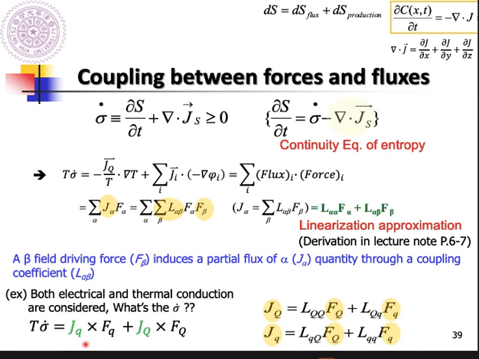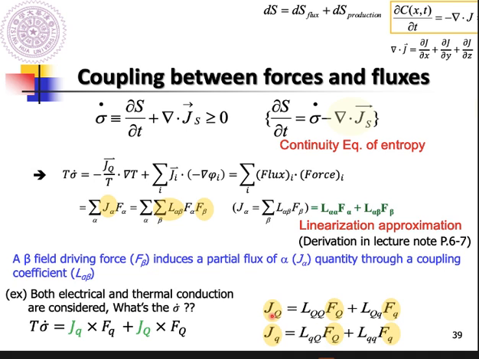And for the flux, just keep in mind, the current density definitely is affected not just by the electrical field you apply on the system. It will also be affected by the heat flux, the temperature gradient applied on the system.